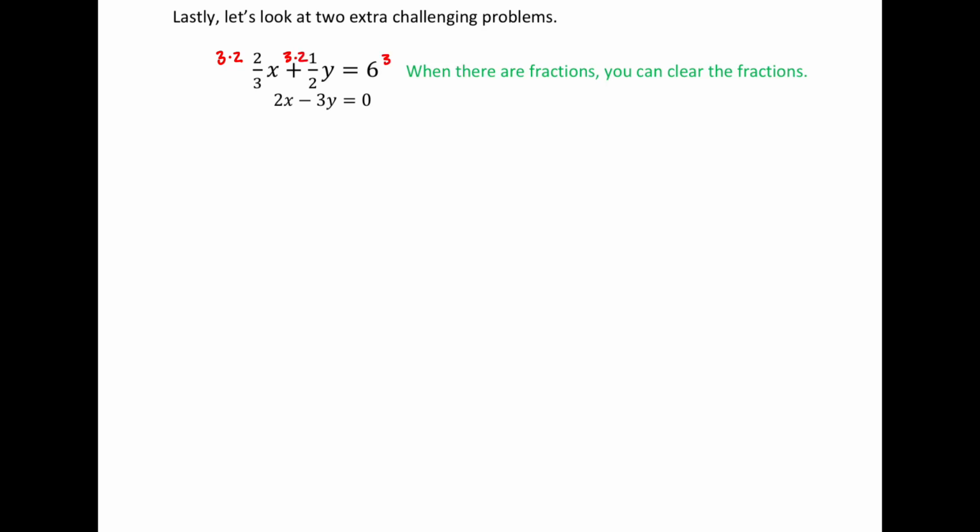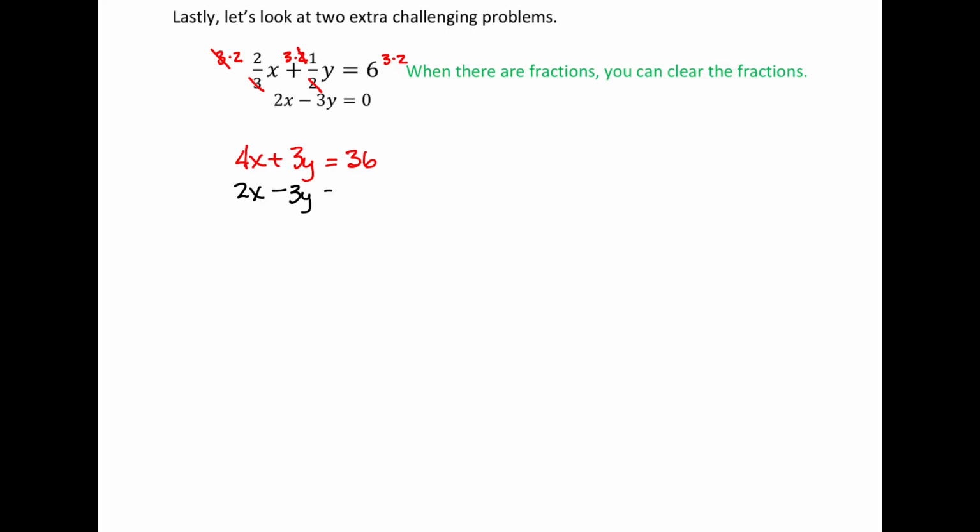Or 6, if you want to just do 6. 3's cancel, 2's cancel, nothing cancels. So the new top equation is going to be 4x add 3y equals 36. The bottom one's going to stay the same.